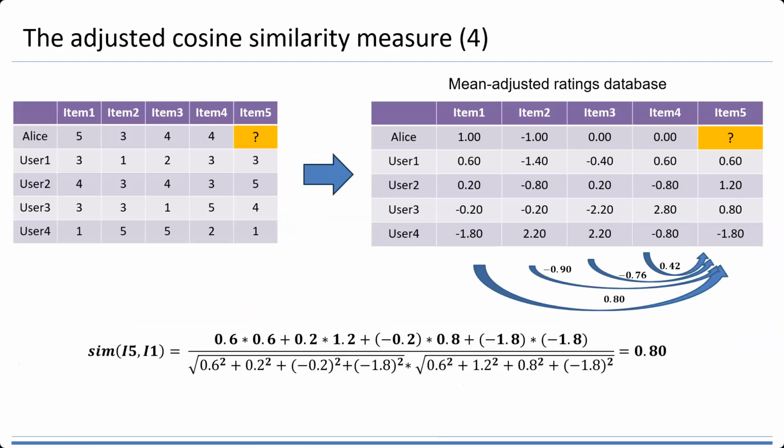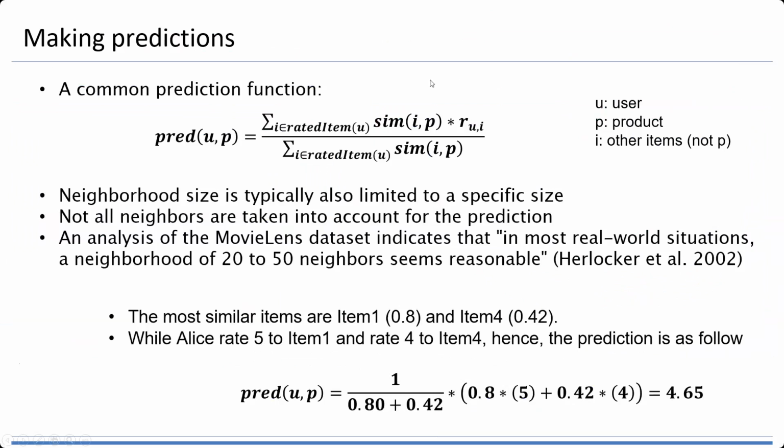So based on this, which items are similar to item 5? We can just say, okay, I will take the positive ones and exclude the negative. If I include only the positive, the most similar items are item 1 and item 4, which are 0.8 and 0.42.